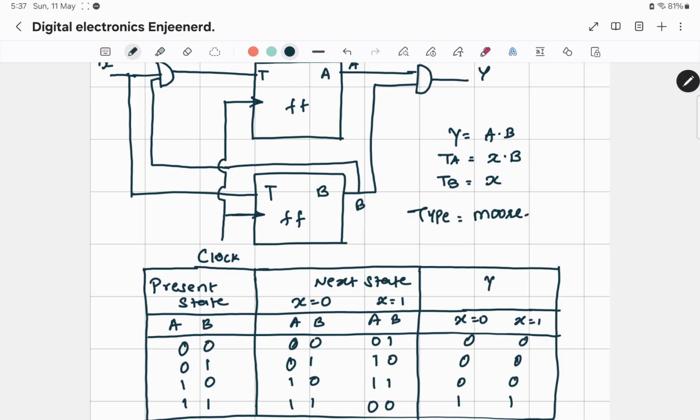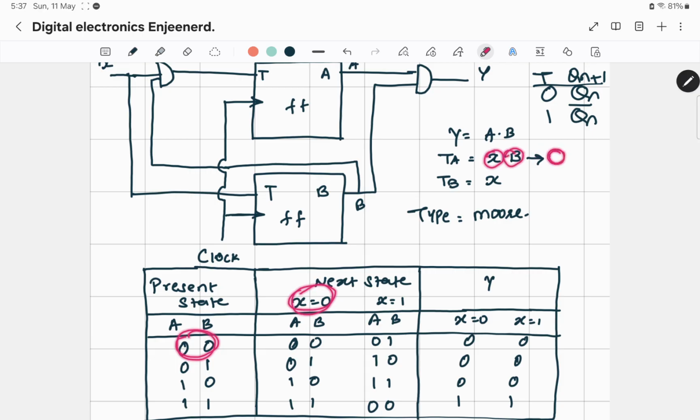So let's first write down the truth table. For T equal to 0 I have Qn, for T equal to 1 I have Qn bar. This is Qn plus 1, the next state. That's my truth table. Let's do the first equation using the first values of A and B, which is 0 0. So X is 0, and A, B both are 0 0. So X is 0, B is 0.